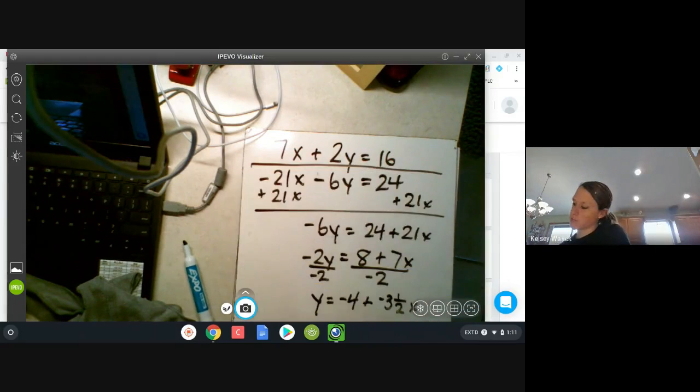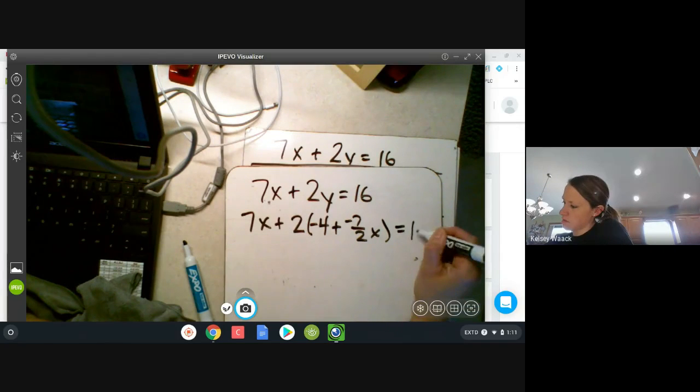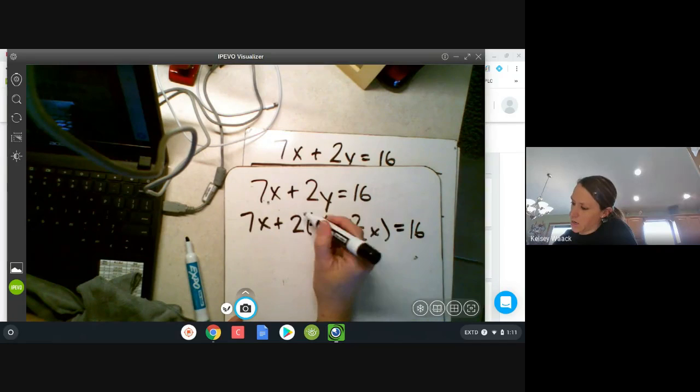So now I'm going to use my substitution. So 7x plus 2 times negative 4 plus, I'm going to go back to negative 7 halves over x. I'll show you why in a second. And that equals 16. We good there so far? Yeah. Distributive property here.